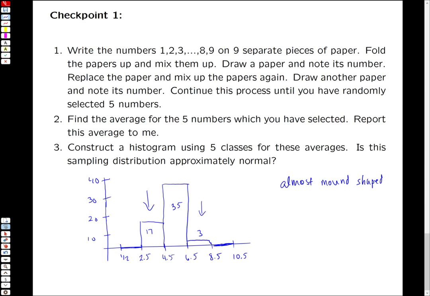Do you guys understand what a sampling distribution is? It's exactly what we did here. It's a combination of all possible samples of the same sample size that you could take from the data and the results from each of those. That is the end of section 6.4. Let's go and look at section 6.5.